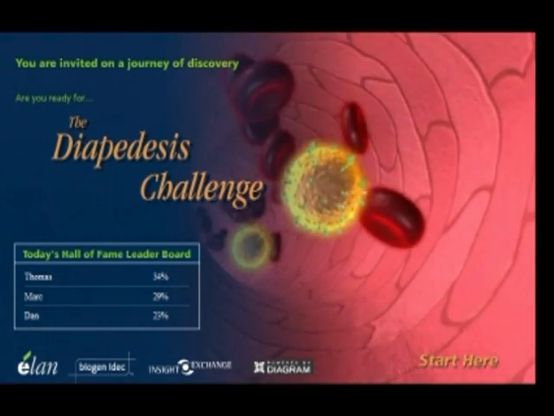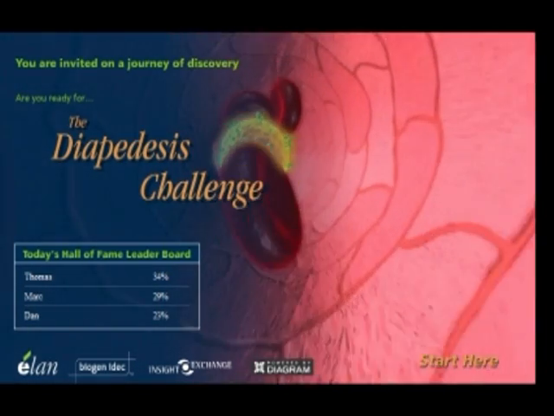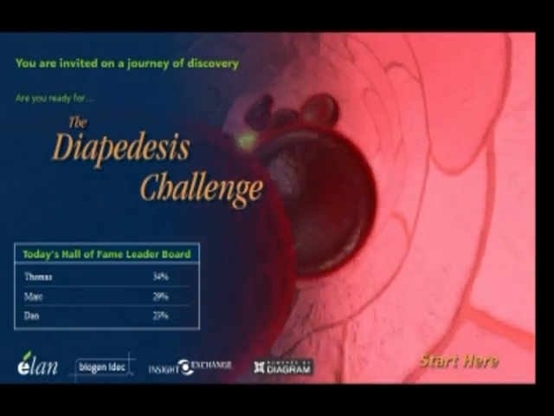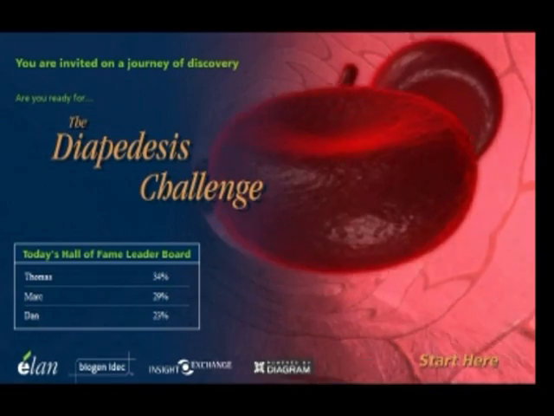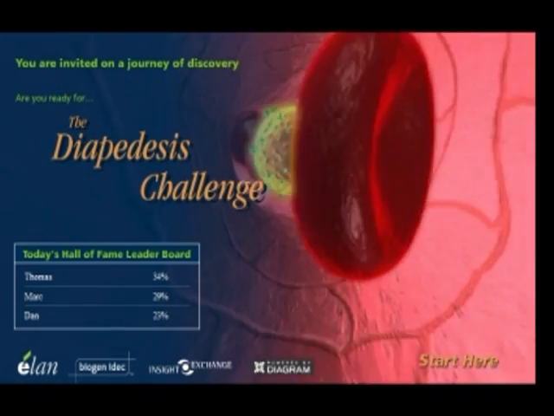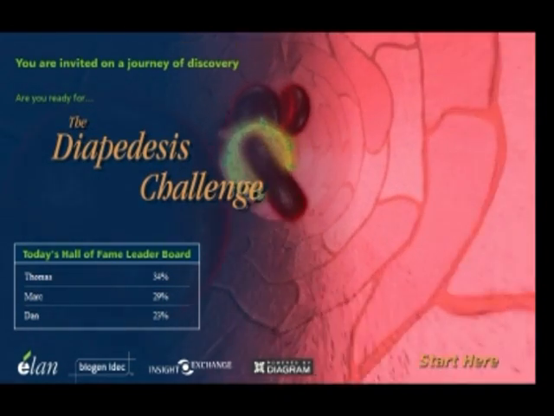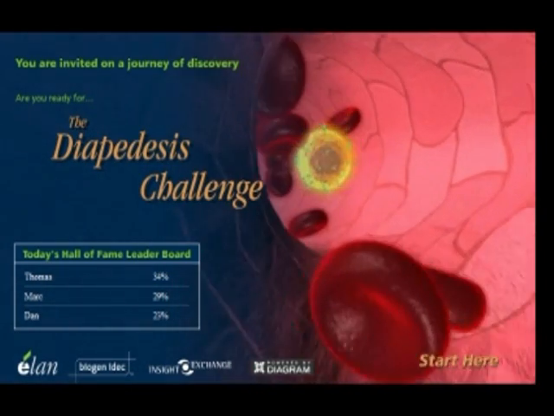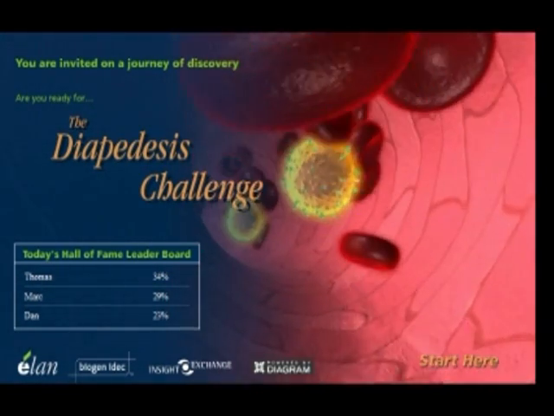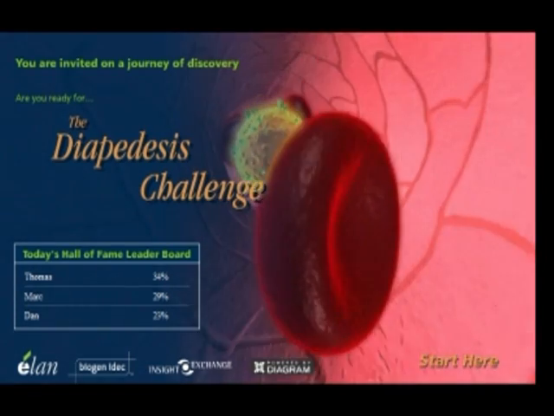We had a presence at this booth that contained this mechanism of action animation and also a game that the doctors could play to understand better the mechanism of action of this adhesion molecule inhibitor.